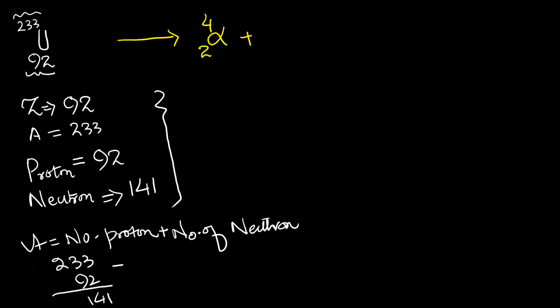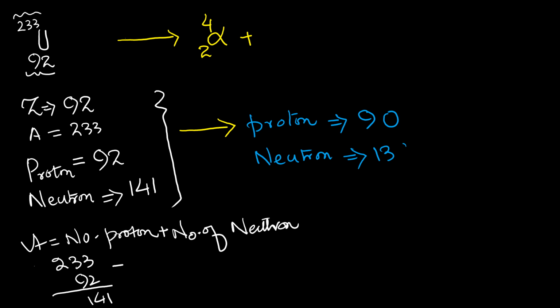So this means that the new element formed due to the alpha decay of uranium-233 will have 2 fewer protons than uranium-233. So the number of protons of the new element will be 90. Similarly, the number of neutrons of the new element will also be 2 less, so it will be 139.